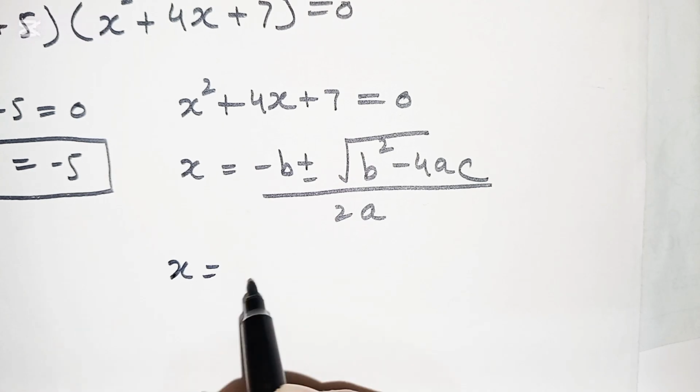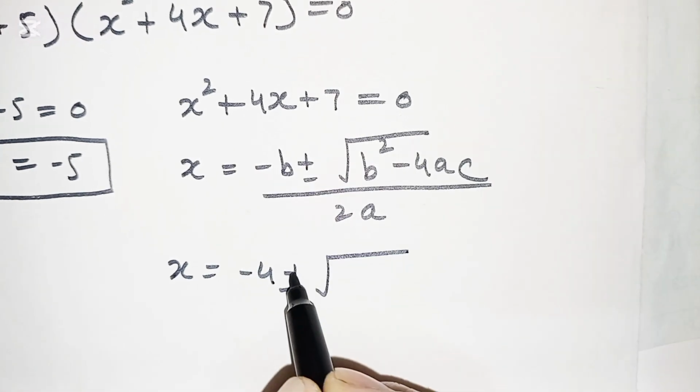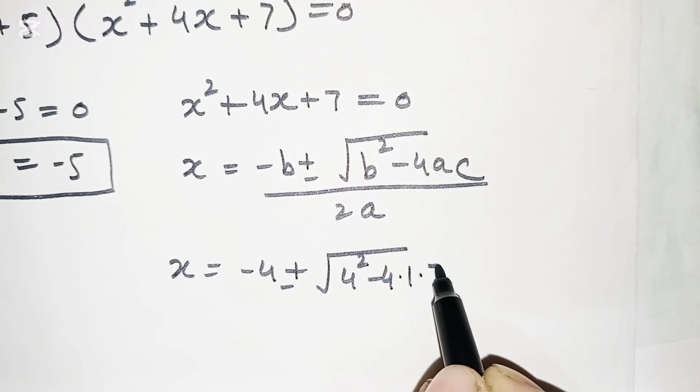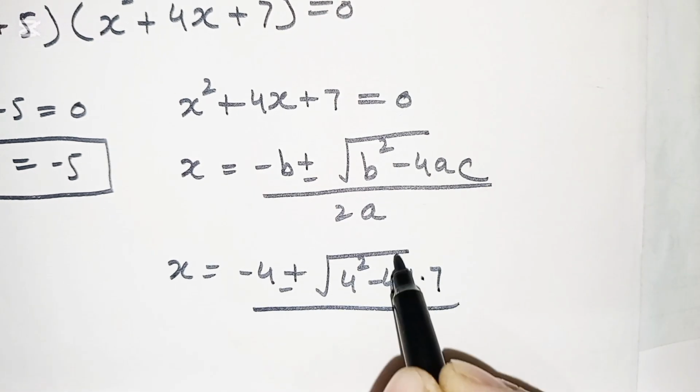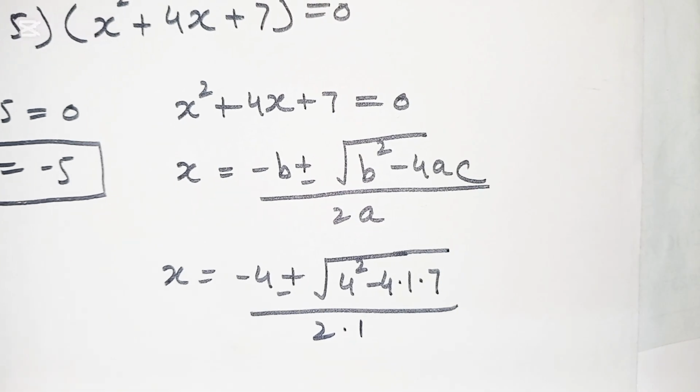x is equal to minus 4 plus minus square root 4 square minus 4 times 1 times 7, over 2 times 1.